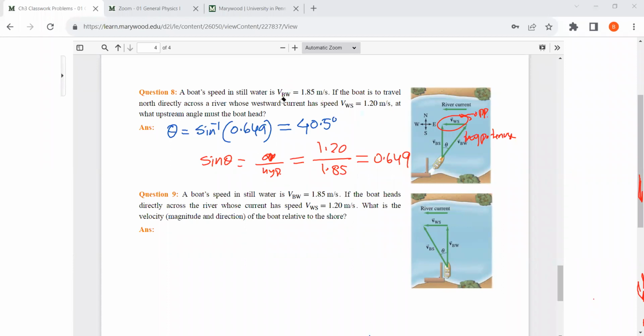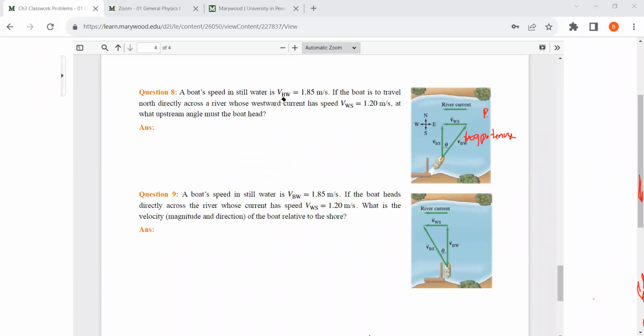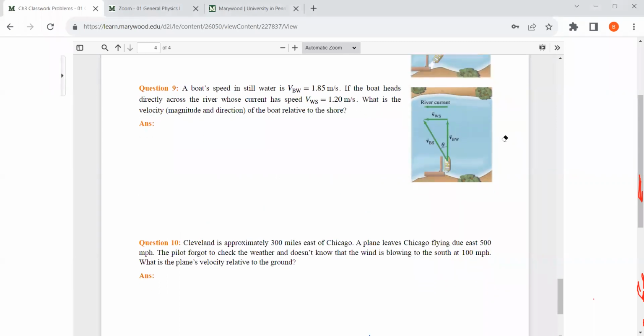All right, let's do another similar problem. Again, it's very similar but not exactly similar.